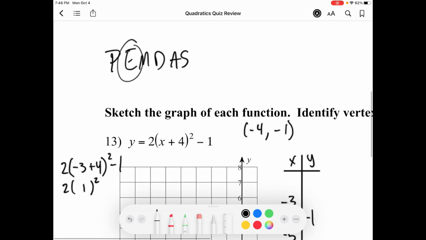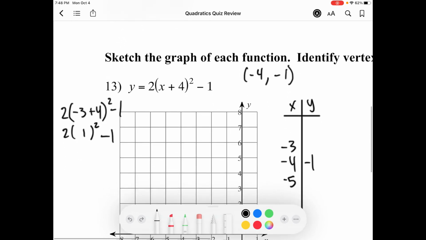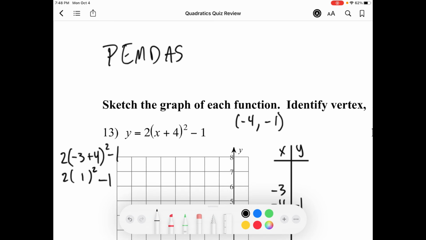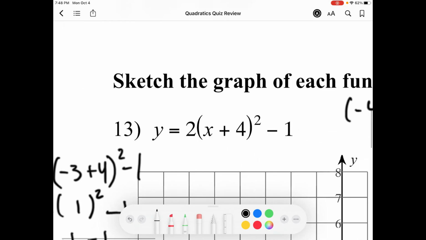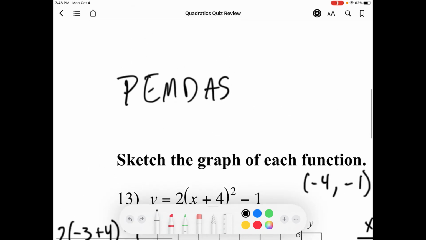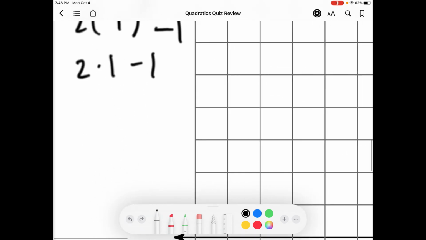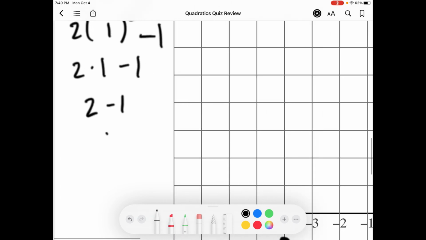Next is exponent. Oh, and then we have minus 1 at the end. Can't forget to write that. So next is exponent. So I'm going to do 1 squared. Remember, 1 squared is just 1 times 1. So I have 2 times 1, and then minus 1. So in order of operations, next is multiply. So we do 2 times 1, which is 2. I have 2 minus 1, which then is just 1.